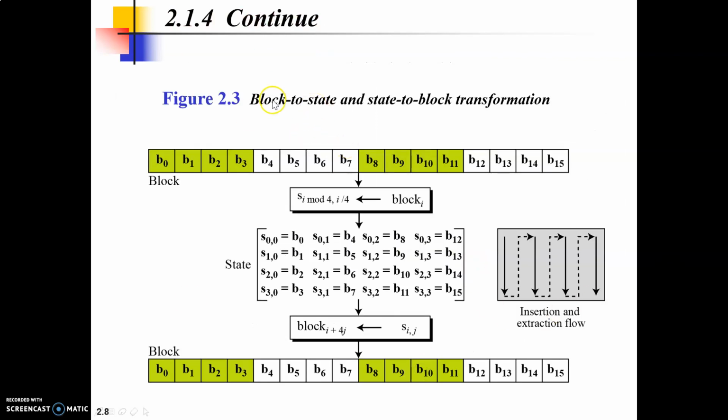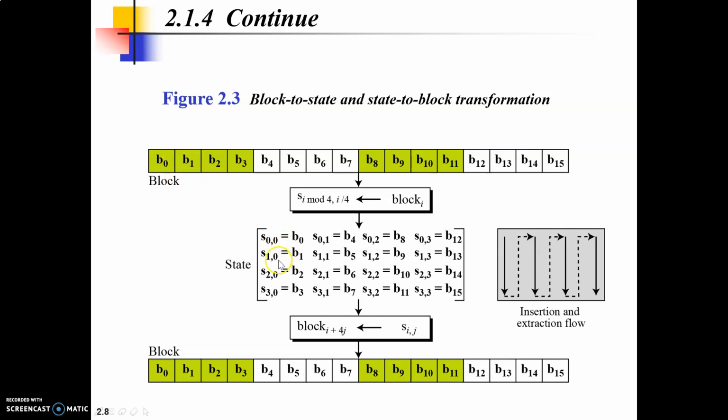If you are told to convert a block into state or a state into block, then the process is like so. You will be given a block from B0 to B15 and you will be told to convert it into a state. So when you convert it into state, like I've just told you, simply substitute the value which is present at this location as the first state.